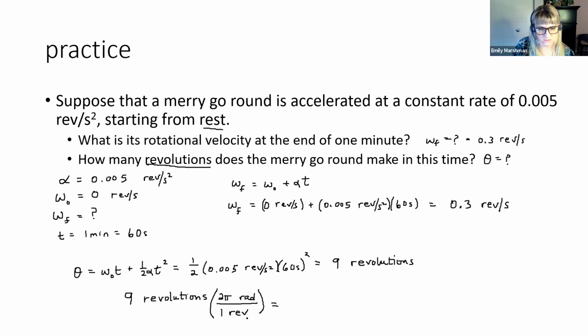And this will help me convert to radians because revolutions cancel out and I'm left with radians on the top. So I'm going to do 9 times 2 times pi. That's 56.5 radians in 1 minute.